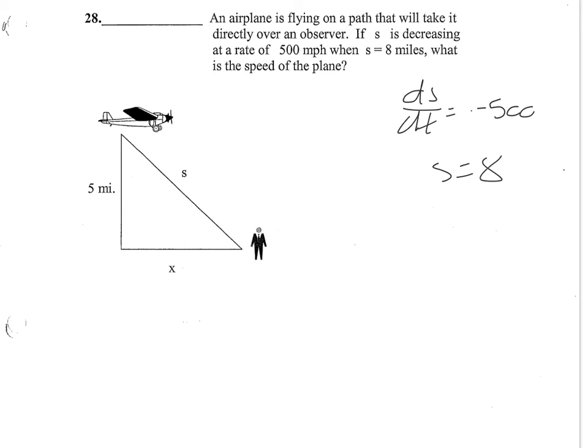Alright, well, we'll have to plug that in a little bit here to do some other calculation, but I'm going to go ahead and write this out as Pythagorean's theorem and say that x squared plus 5 squared is equal to s squared. So the derivative of x would be 2x dx over dt plus 0 equals 2s ds over dt.